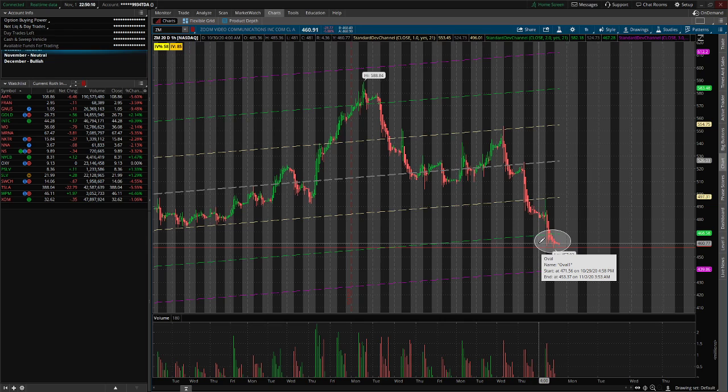Within $3, and we're talking $460, so that's not a lot. Percentage wise, $3 from 460 is awfully tiny. So it's basically bounced off that level, is how I would look at that.